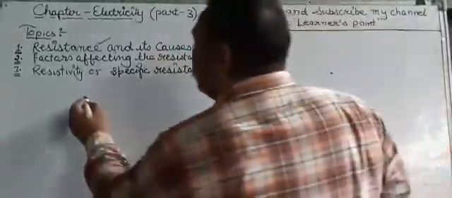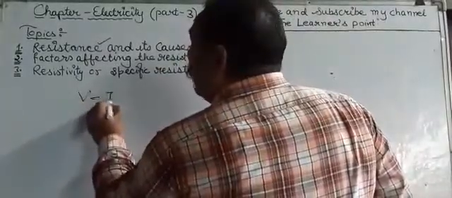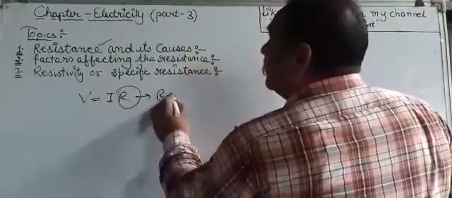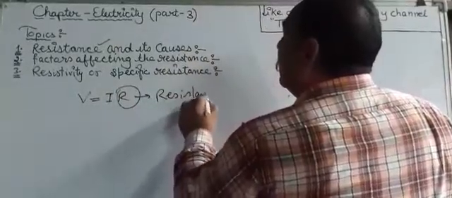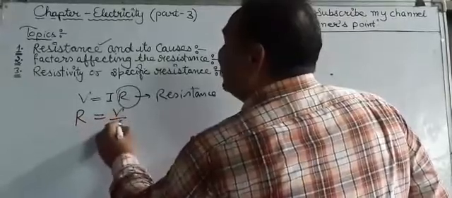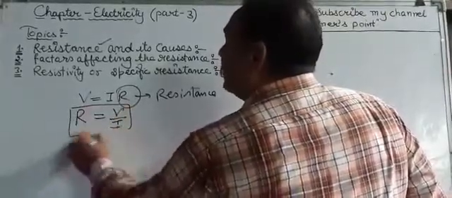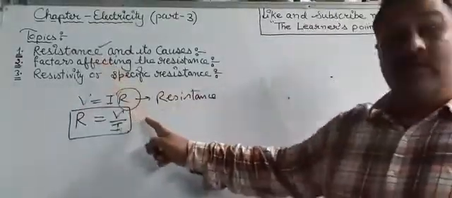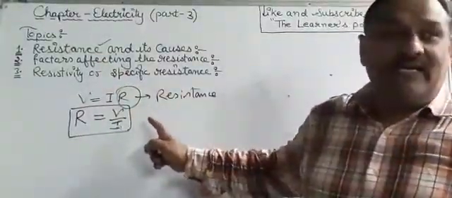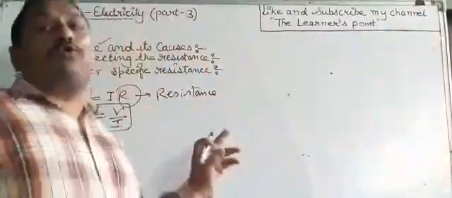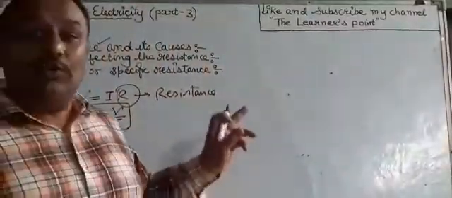We have discussed Ohm's law, V equals IR. Here R stands for resistance. So resistance we can calculate by adjusting this formula like this, R equals V by I.